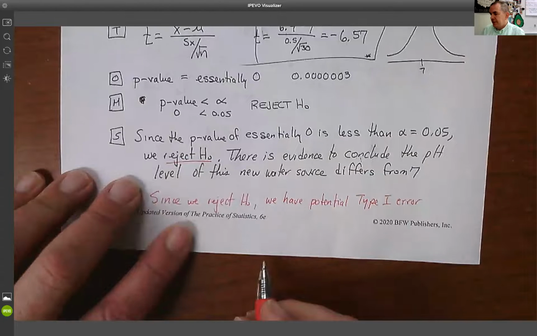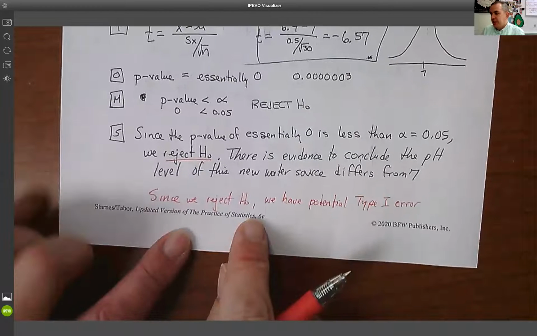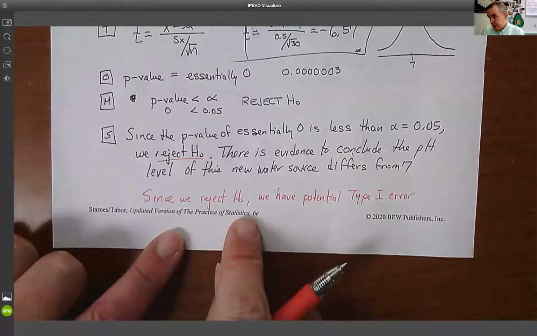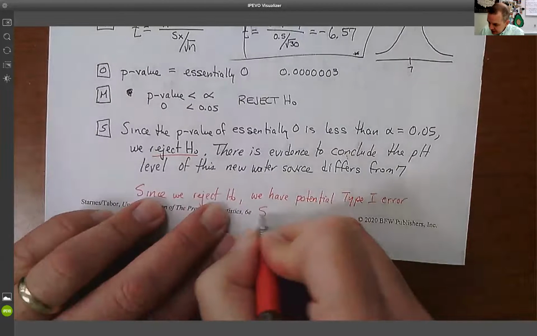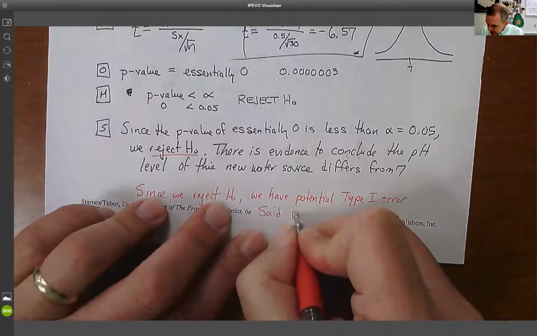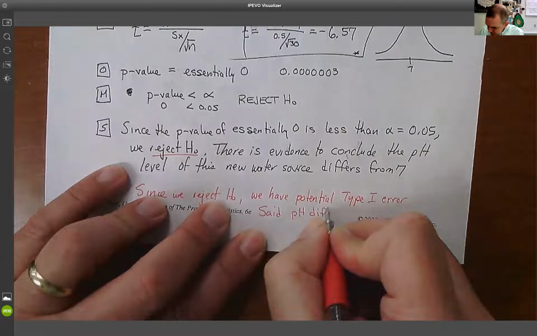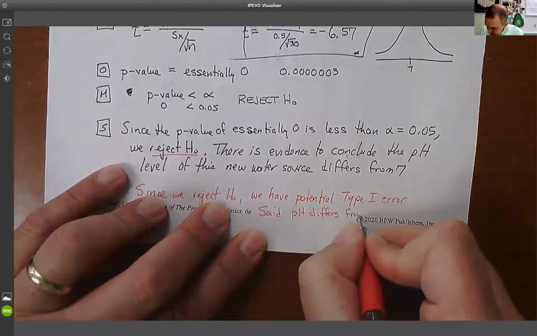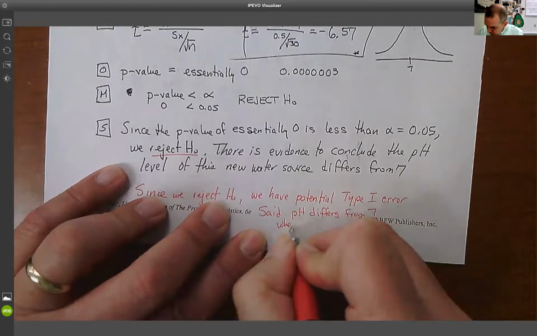And what that means is we rejected the null when we should not have. We said the pH level differs from 7 when it actually doesn't.